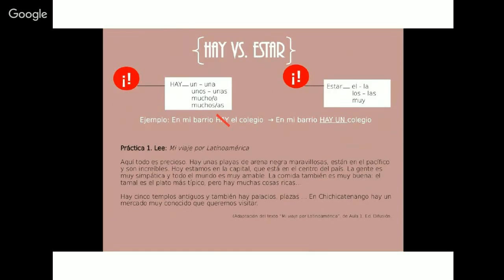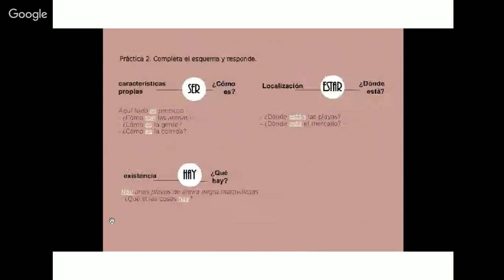Now we're going to the following page where we have some questions. And here I will need you again, James. Are you over there? Sí. Okay, perfecto. Okay, so each question corresponds to a verb.